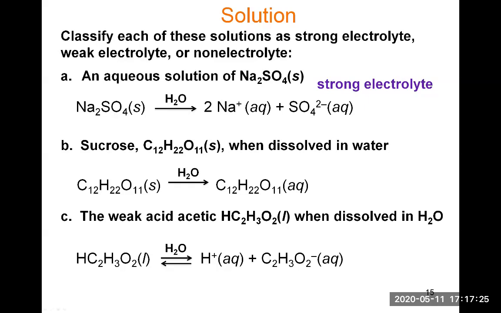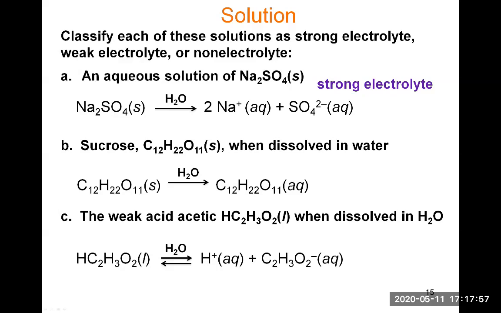Second example, sucrose, whose formula is C12H22O11, also a solid. When dissolved in water, the equation shows that sucrose, a solid, placed in water becomes an aqueous solution of sucrose, because now the phase has become aq for aqueous.